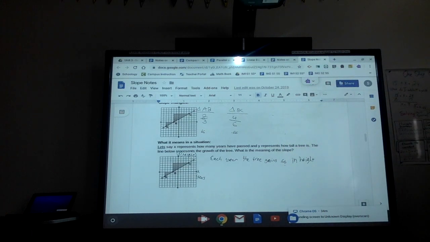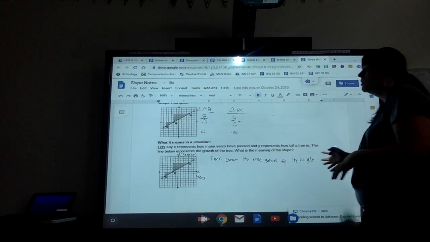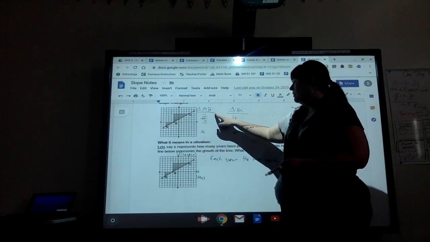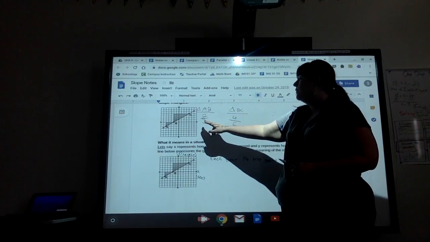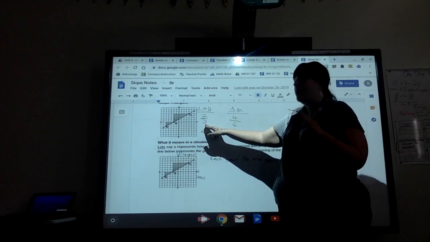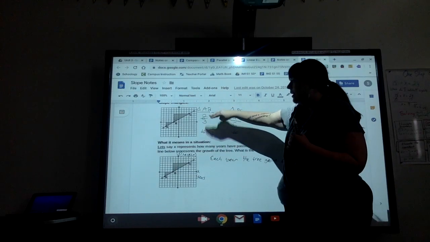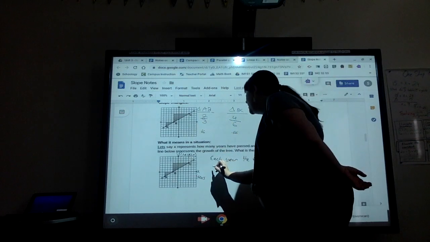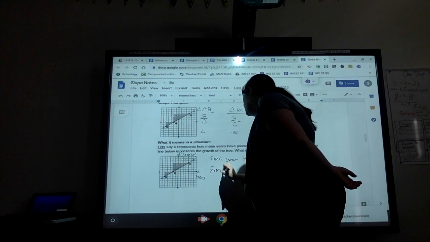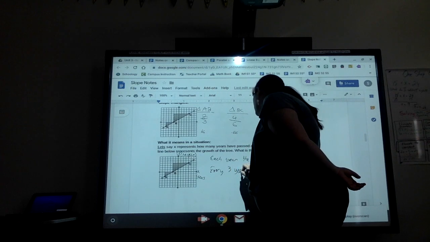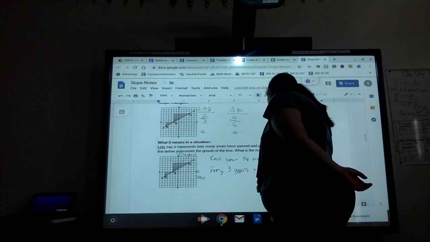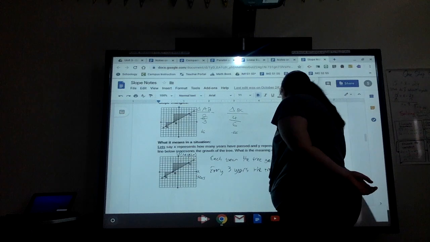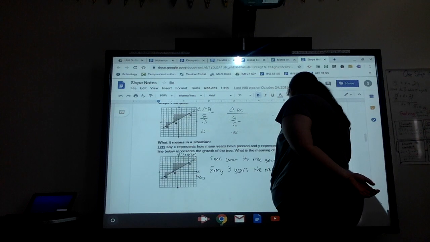However, if I want to talk about the meaning of the slope from a fraction, if I look here, this means every 3 years, because the bottom's time, it gained 2 in height. So if I'm talking about it from this fraction, I could say every 3 years, the tree gains 2 in height.